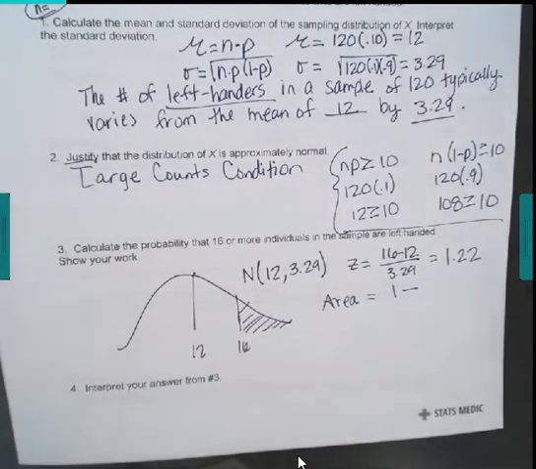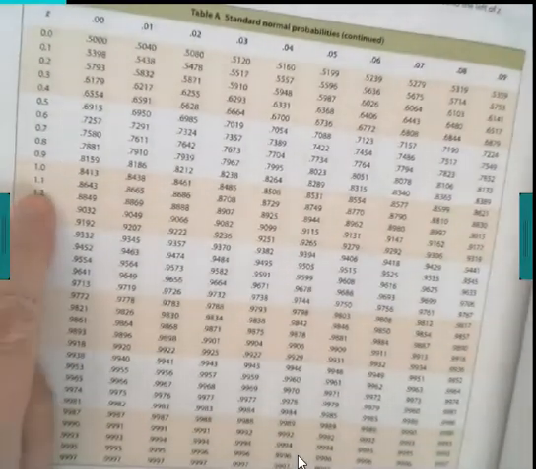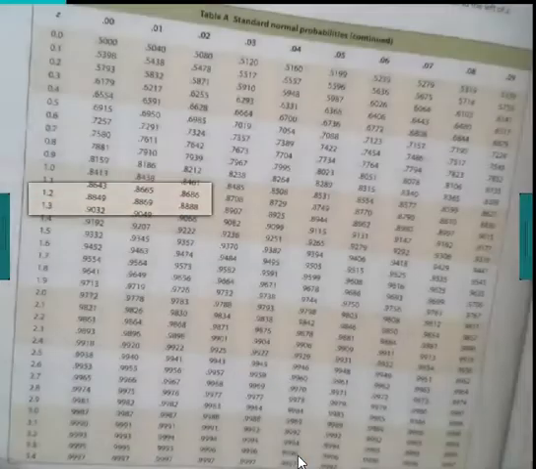So again, I'm going to pull out that z-score sheet in the book. Okay, you'll look on the positive side for 1.22, which is 0.8888. This one right here.